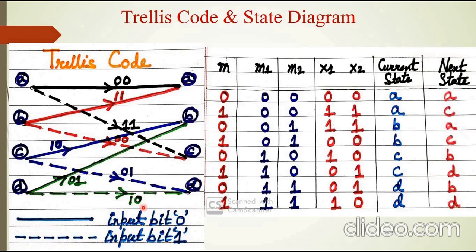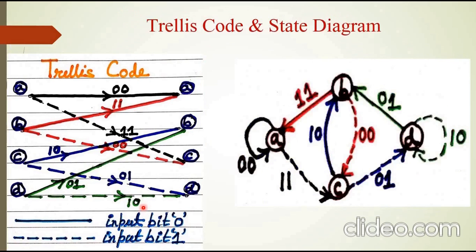Now, how to have a state diagram? The state diagram has a different representation. I will make it in some way as I have made it in the code trellis. So I have state A here, state B here, state C here and state D here.